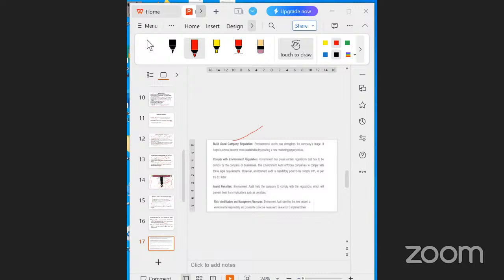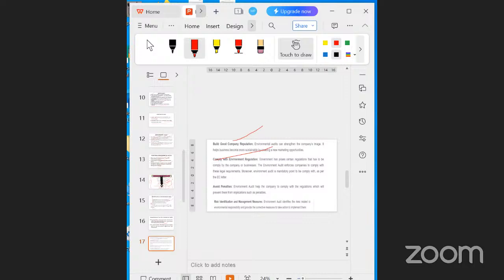And next one is to adapt and comply with more stringent environmental regulations. So some governments adopt more stringent environmental regulations and standards, usually by international consensus. So it forces companies to comply if they do not want to be penalized, right?